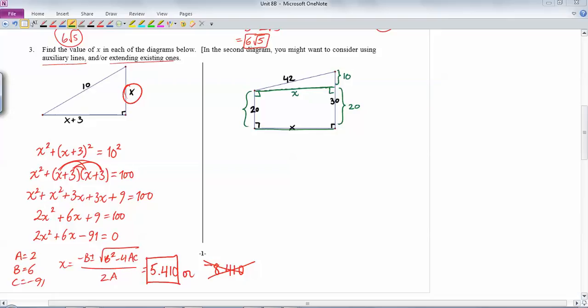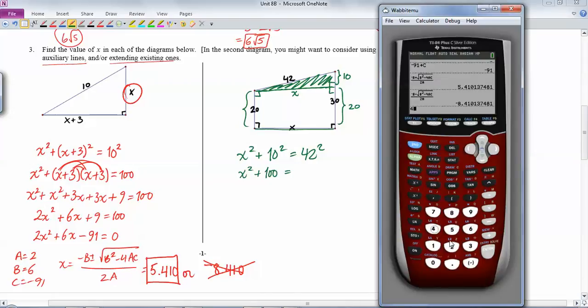So if you notice up here on top, this is a right triangle. So I can do x squared plus 10 squared equals 42 squared. Well, that's x squared plus 100 equals, what is that, 17 something or other. Let me check. 42 squared. That's 1764.